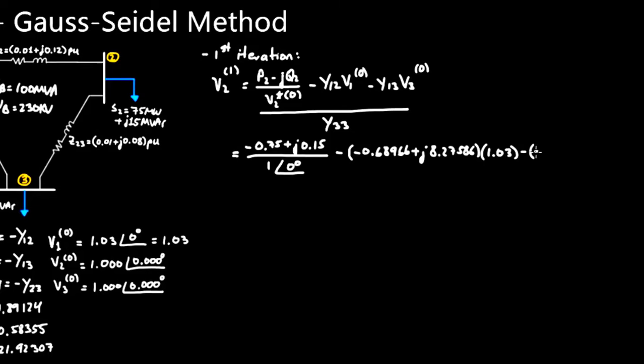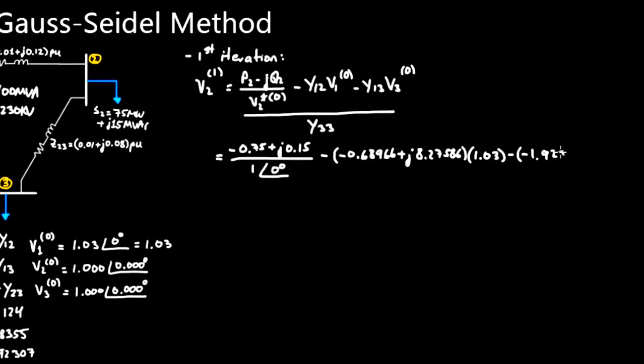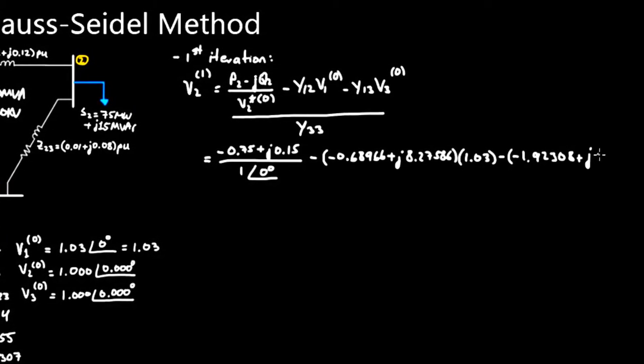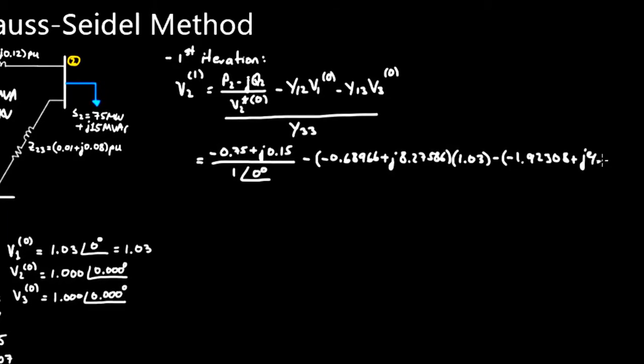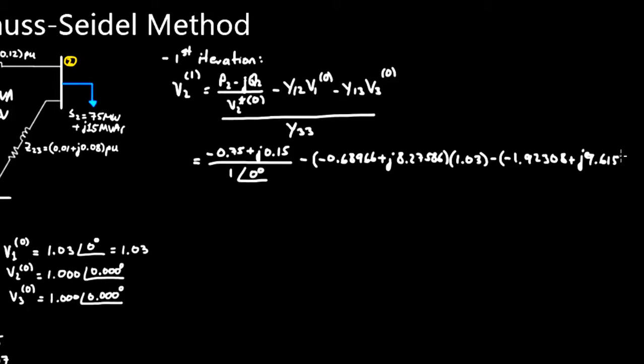So minus 1.92308 plus j9.61538. And I'm running out of room over here.